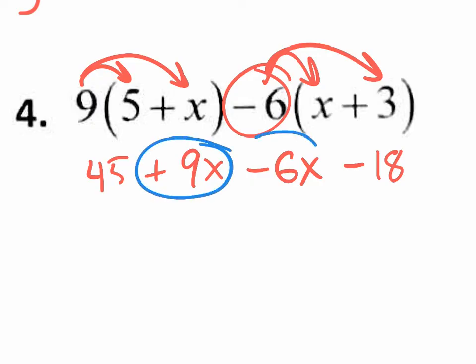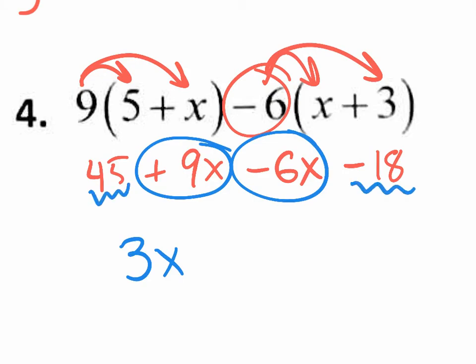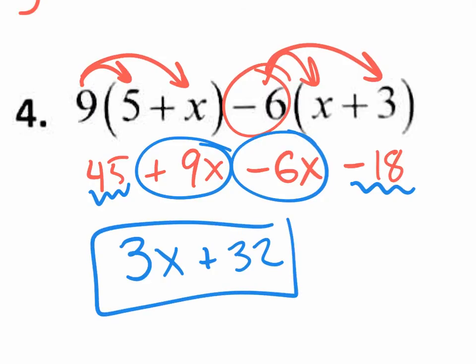The 9x with the minus 6x, and what do I get? You have 3x left over. How about 45, take away 18, that's 27? Positive 27, there's my answer.